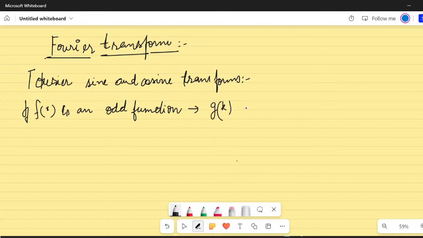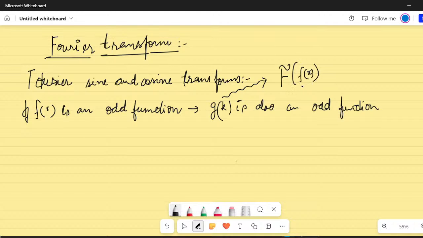What is g(k) here? g(k) is simply the Fourier transform of f(x). Okay, this is one thing that one must understand.